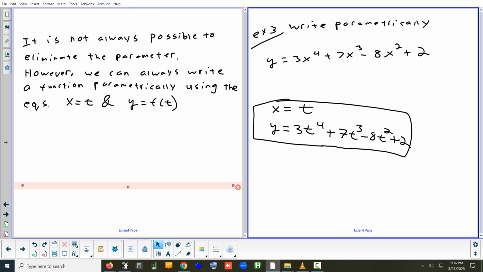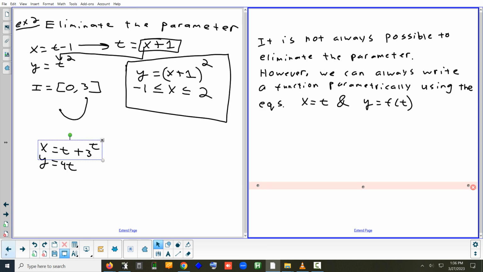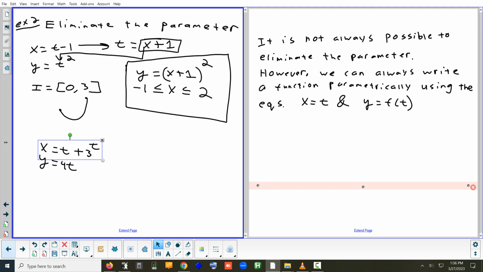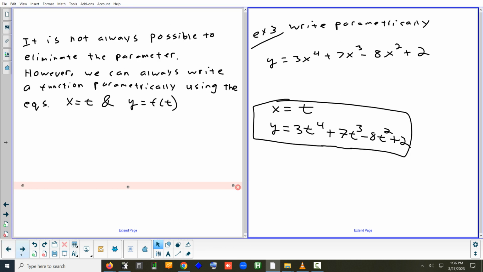Yeah. And if you're not sure why that works, think about if we were changing it back again. The first step to eliminating the parameter is solve the x equation for t. Get t by itself. Well, this equation already has t by itself. What does this top equation say t equals? T equals x.